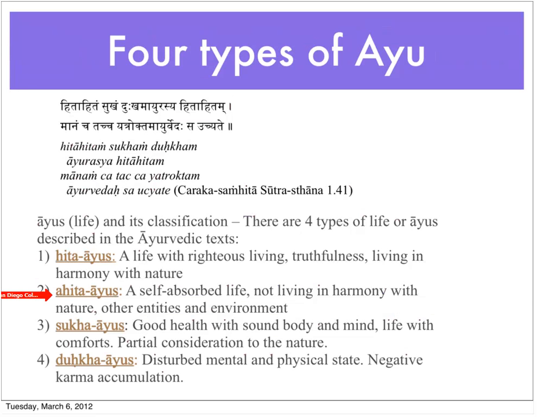Sukha ayus, good health with sound body and mind, and a life with comforts and partial consideration to nature. Dukkha ayus is a disturbed mental and physical state with accumulation of negative karma. So this verse is defining 4 types of ayu, 4 types of life.